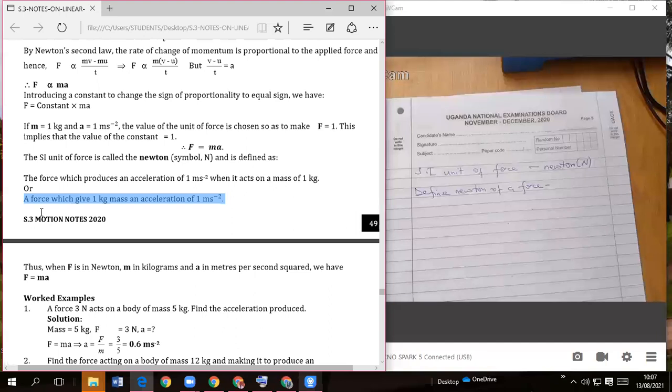Remember, when you are defining a unit of a given quantity, you start by giving that quantity.